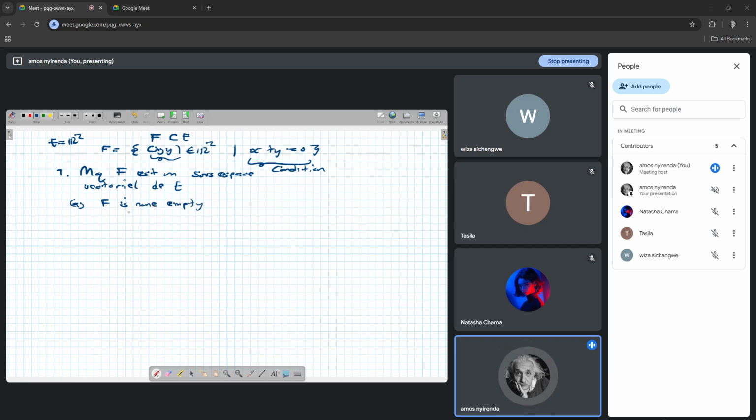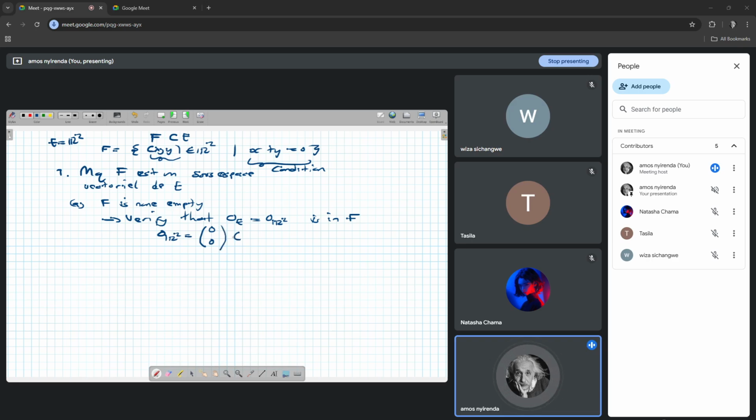So how do we check that F is non-empty? Well, we are supposed to verify that the zero element of E, which is the zero element in this case of R2, because E is equal to R2, is in F. The zero element of R2 is the zero vector, which has 0 here and 0 here.